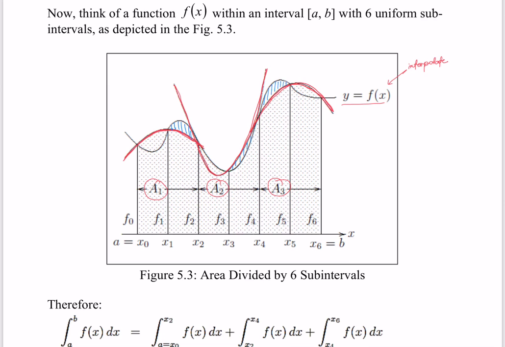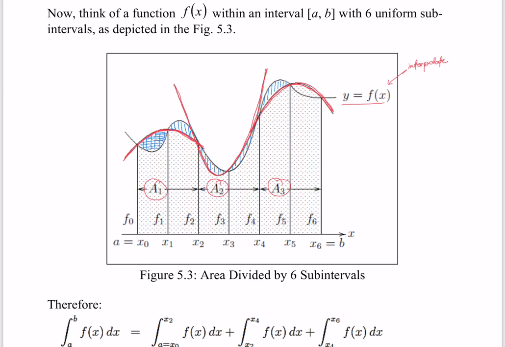And at area 2 we also have some extra here, and at A1 we also have some extra here, because actually this is not in the area under the graph. So this is a disadvantage of the numerical method, because we have some kind of error.